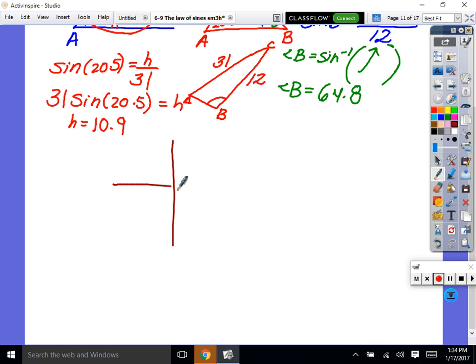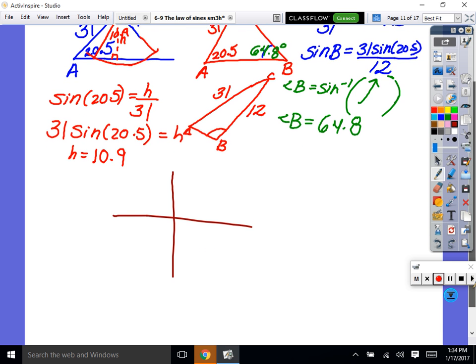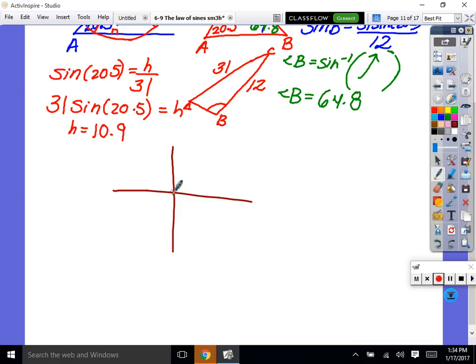So we know the acute angle was, for example, 64.8. So couldn't I go and draw a triangle with an acute angle of 64.8? That's a triangle, correct? Now that has an XY point right here, we'll call it negative XY. Doesn't this triangle right here have that same negative XY point?